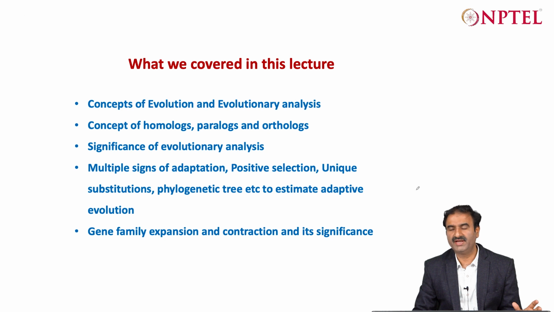And in the end we looked at how gene family expansion and contraction analysis can help you find insights on the functions that evolved or expanded over a period of time.